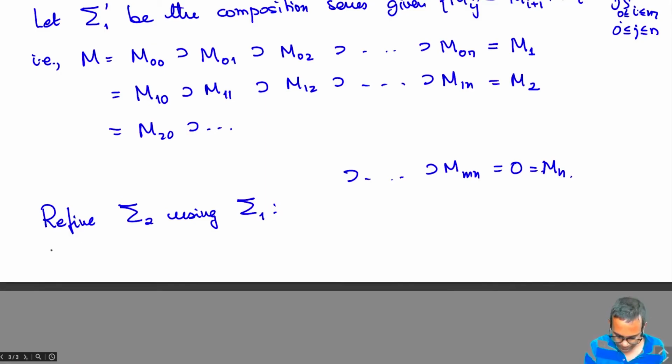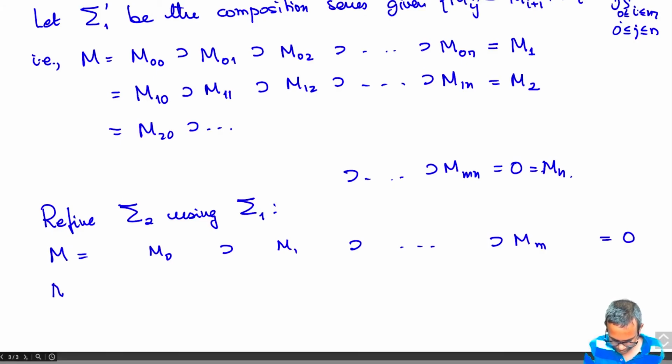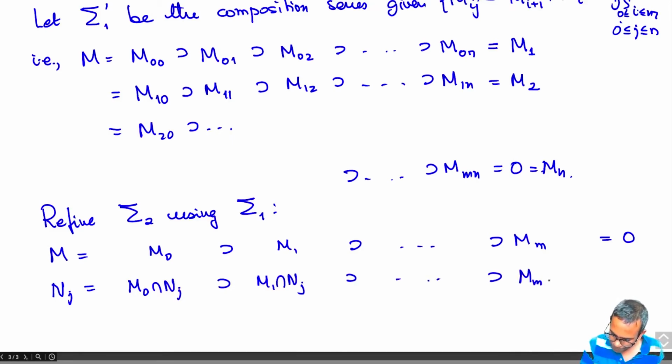That is given by M equals M0 contains M1 contains all the way up to Mm, which is equal to 0. And then what we'll do is we'll intersect it with Nj. So what we get is Nj equals M0 ∩ Nj contains M1 ∩ Nj contains Mm ∩ Nj, and this is still 0.